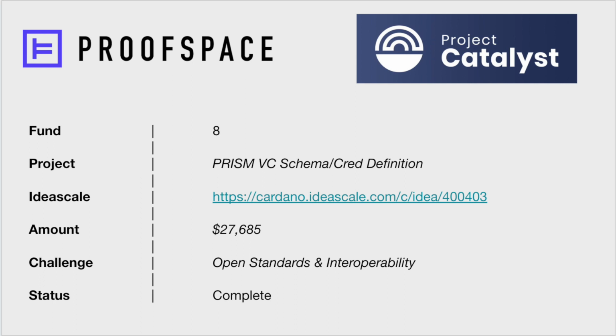The schema therefore tells the issuer, the holder, and the verifier what information must be included for a credential to be valid. So, for example, a degree might contain the student's name, the student's graduation year, the degree that they took, and the grade that they received in that degree, just simplistically.